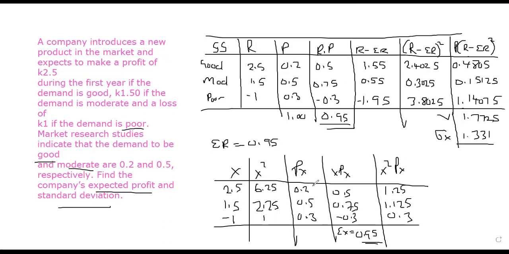Then when you add this, 1.25 plus 1.125 plus 0.3, you get 2.675. Let's compare that answer. We get 1.6355. Again, it's supposed to be the same. Maybe there's a disparity in one of the things, but this is what you're supposed to do.